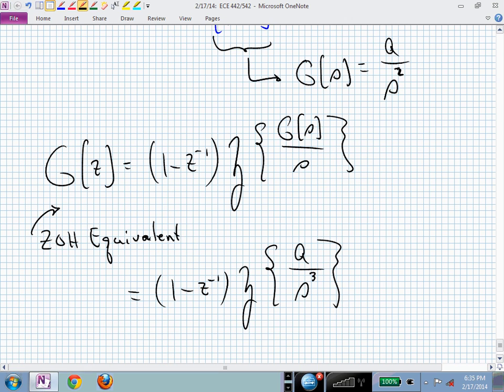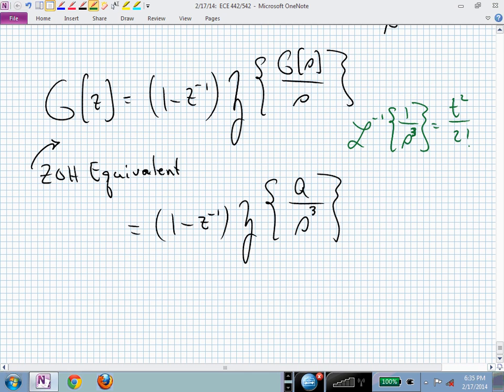So what you need to remember is that the inverse Laplace transform of, let's say, 1 over s cubed is now t squared over 2 factorial. And 2 factorial is 2 times 1, so that's just 2. But in general, if you had 1 over s to the fourth, it's t cubed over 3 factorial, or 6.